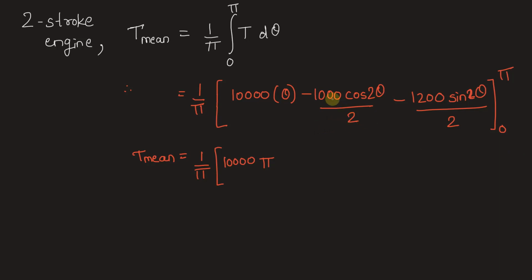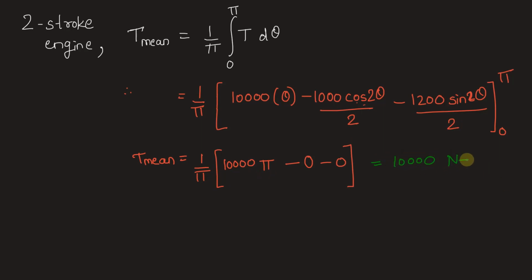Therefore, the second term in bracket we will get 1 minus 1, which will be 0, and 500 into 0 gives us 0. So second term becomes 0 here. Let's look at the third term. Third term anyway, sin 2π is again 0, sin 0 is also 0. So third term also becomes 0. Therefore, torque value that we get is 10,000 π by π, that is 10,000.